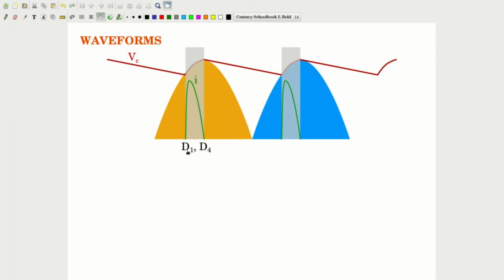Now during this time D1 and D4 are conducting, and the other two diodes, D2 and D3, are conducting during this period.